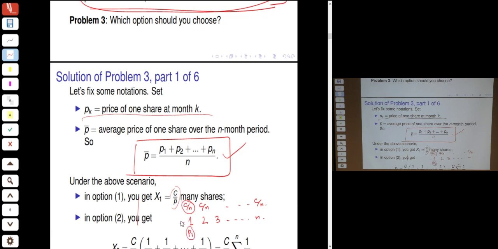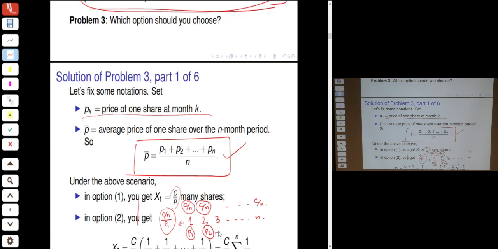So for the first month I will get C over n divided by P1 number of shares. In the second month the price of one share is P2, and I am putting in C over n amount of money to buy shares at the price P2 per piece.